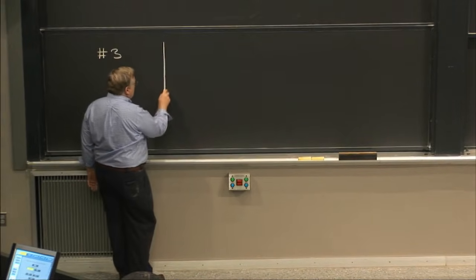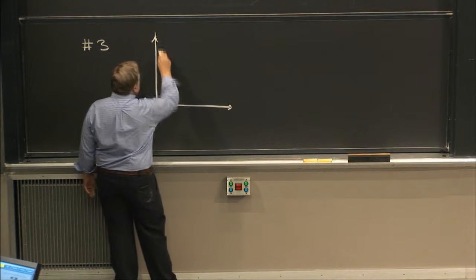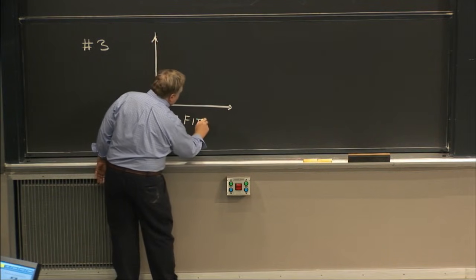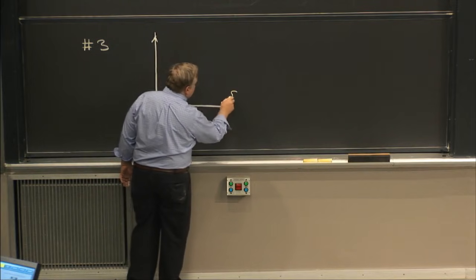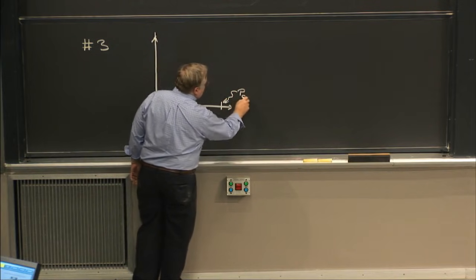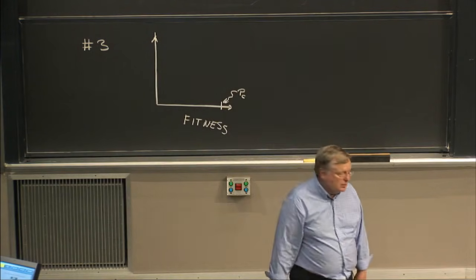So now we have a space, and we can measure fitness along one axis, ordinary fitness. And this is rank space fitness, so that's going to be p sub c. There'll always be some individual with the highest fitness.